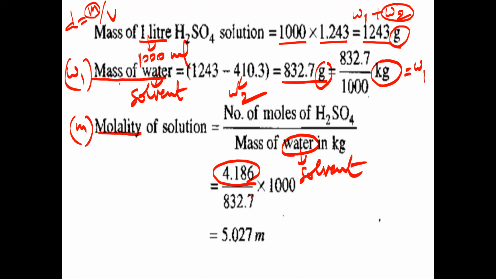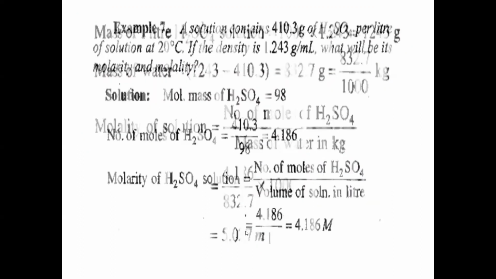Taking it up, it becomes 1000 by 832. So it will be 5.027 molal. The molality is 5.027. What is the molarity?